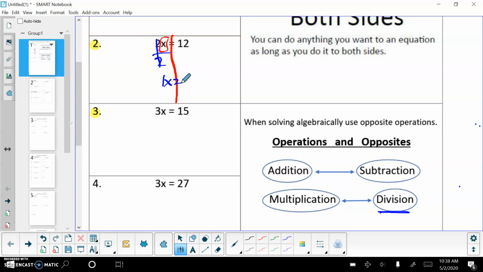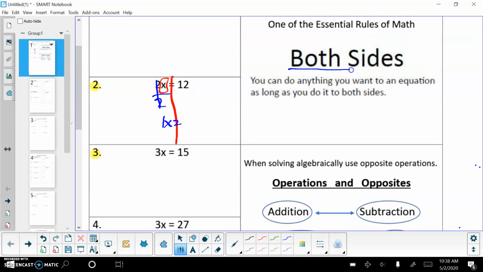But I've got to remember my first rule that says I have to do the same thing to both sides. So if I divide the left side by 2, I've got to divide the right side by 2, and 12 divided by 2 is 6. So 1x equals 6, and you don't have to put the 1, that can just become part of your box. So x just equals 6.